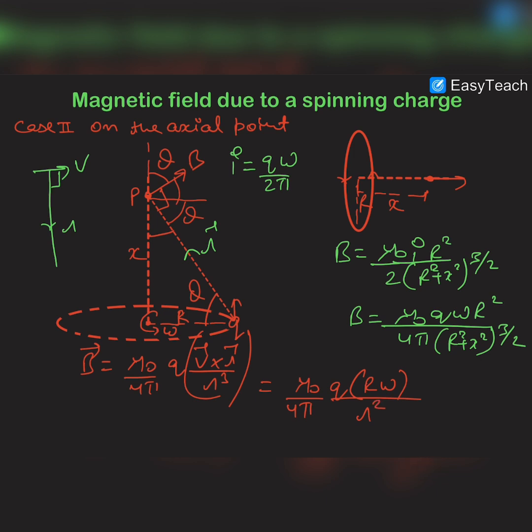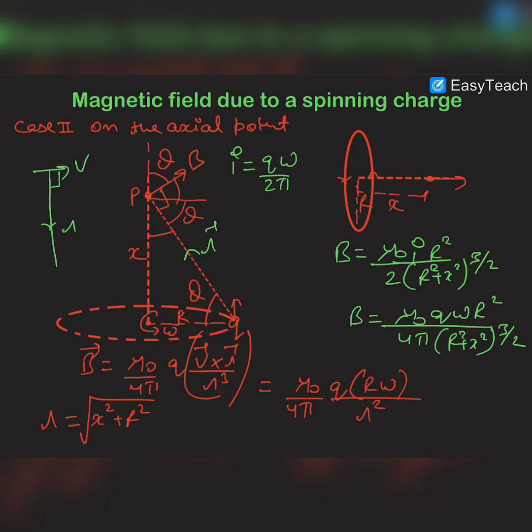Now you can see that small r is equal to square root of x square plus R square. So you can easily see that this result is not matching. If you substitute the value of r here, you can see that this result is not matching with this result.